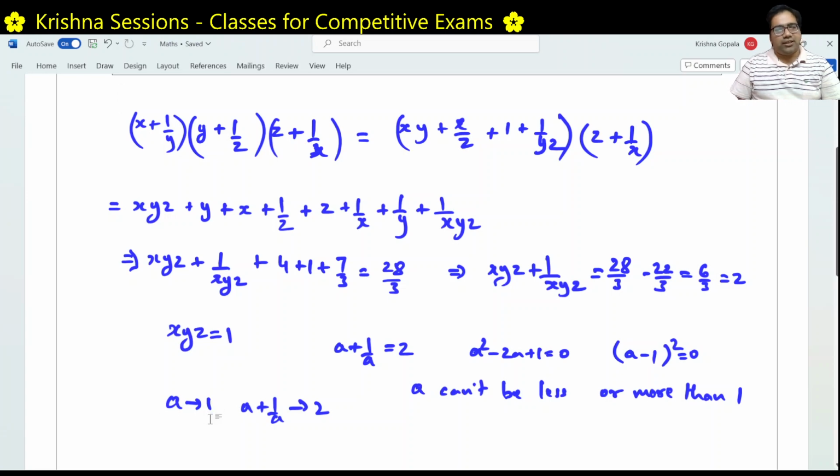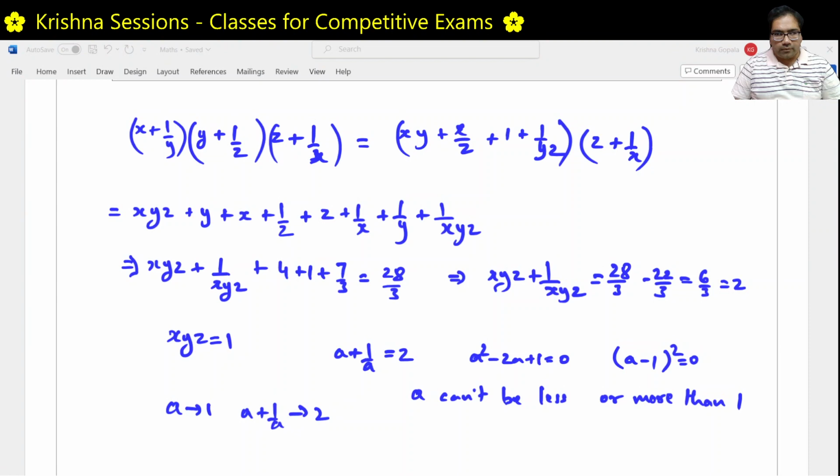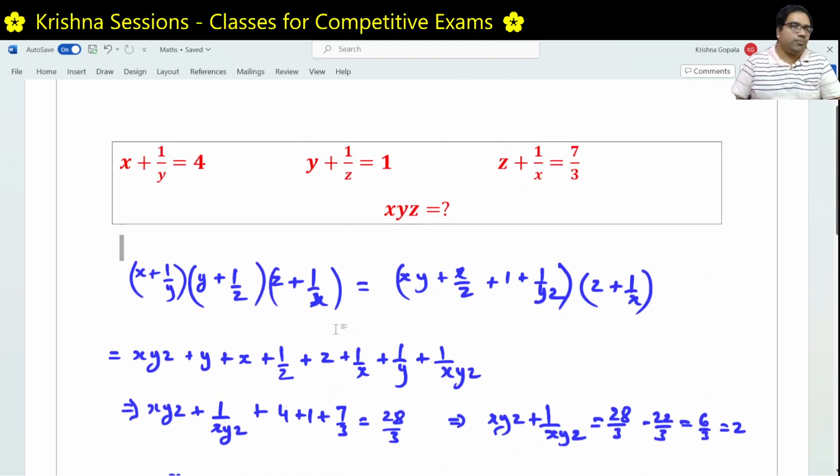Whether it is 0.9, 0.95, 0.99, then a plus 1 by a will approach 2. Even if it is 1.1 or 0.9, a plus 1 by a will approach 2, right?